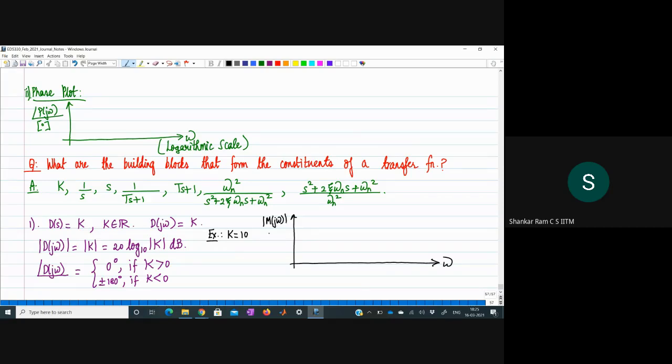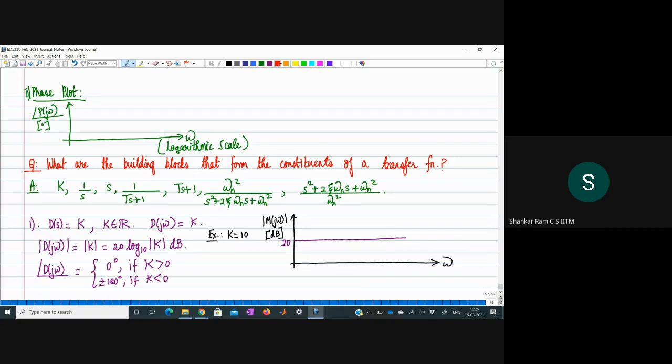What is the log of 10? 1. Okay, then we multiply by 20. So what will the result be? 20 dB. You will see that this will be the log magnitude plot, so it will be a horizontal line at 20.